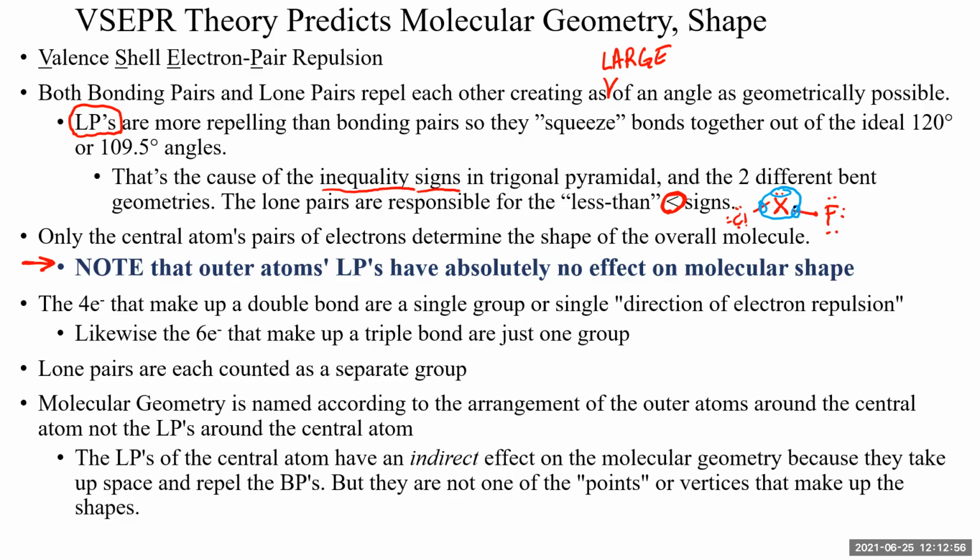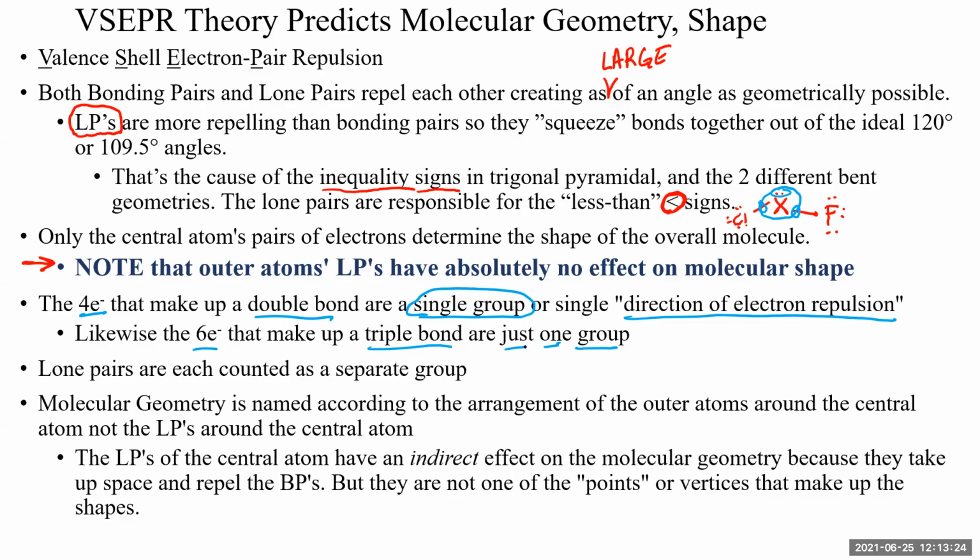So the 4 electrons that make up a double bond are a single group or a single counting. You count them one time, or a single direction of electron repulsion. Likewise, the 6 electrons that make up a triple bond are just one group. They are not separate groups. Because they all fit together as one group and they are in one direction, they are only one group.